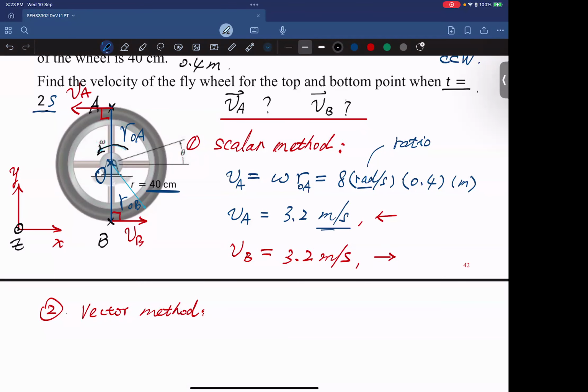We call it a right-hand coordinate system. So for Z, we can use a circle with a center point to mean point out of the page. If we point into the page, we can use a circle with a cross in it to mean point into the page.